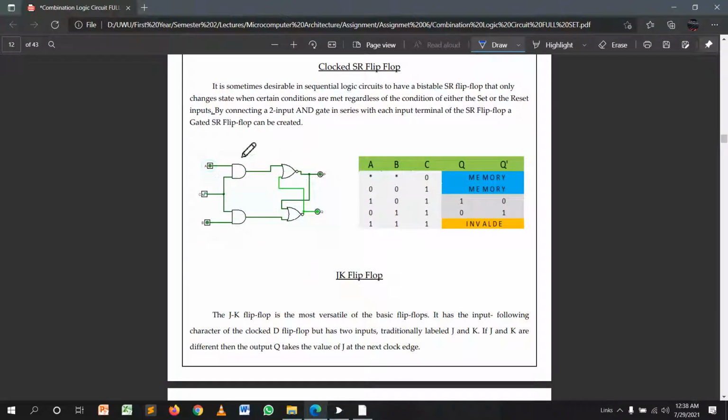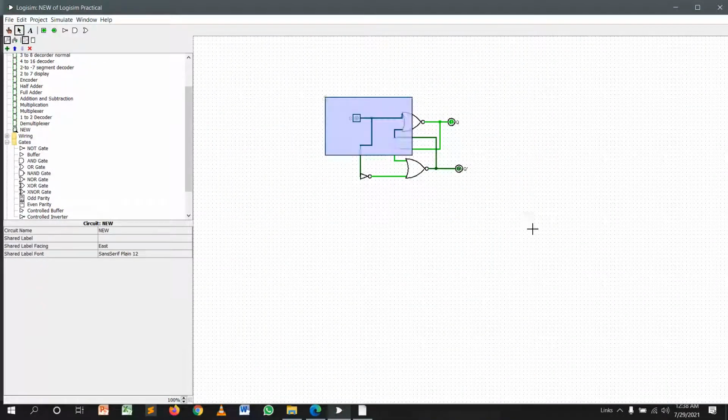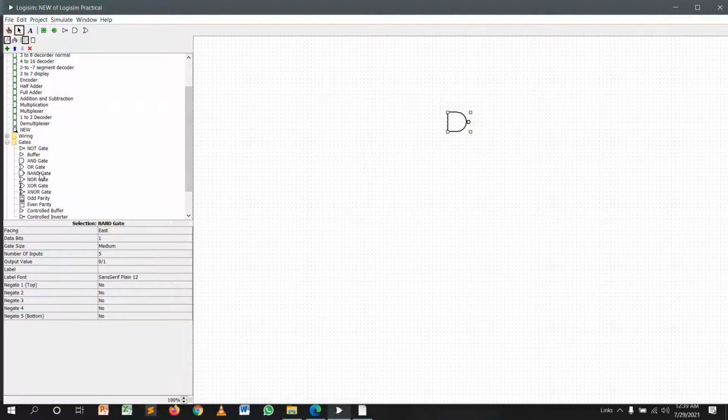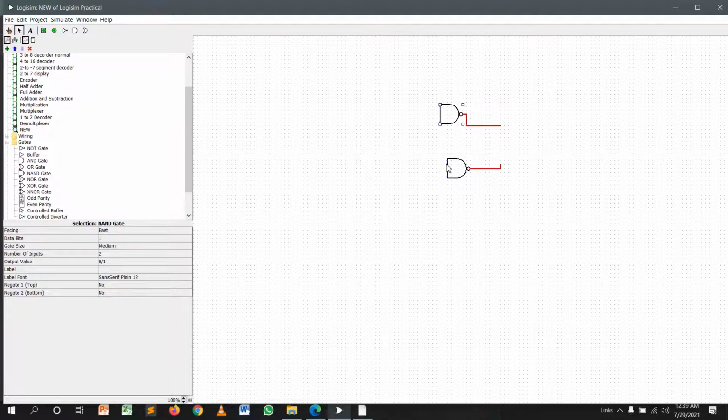Then I'll show its implementation. I'll remove this one and create two inputs, set and reset, and those two inputs go into outputs: first output and second output.